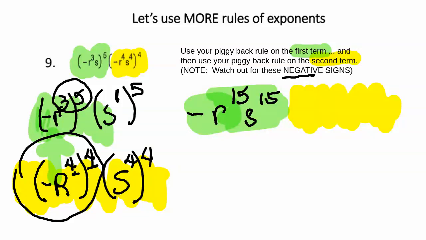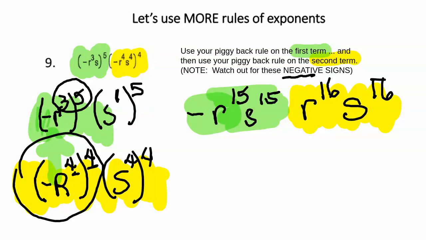A positive 4 to the 4th, this will give me r positive times 16, s to the 16. Odd power, I'm keeping that negative sign. And even power, I'm going to get rid of my negative sign.